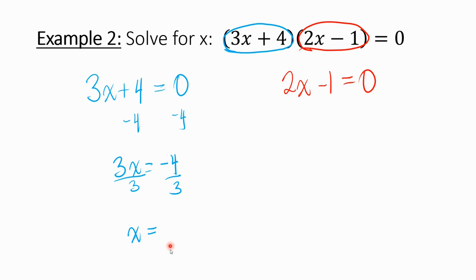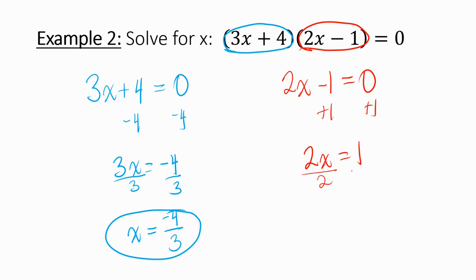All right, and our rule of thumb for this section is we're going to leave our answers as simplified fractions. So don't change this into a decimal. Your answer is -4/3. It's less work for you. Just leave it -4/3. And this one we get a fraction as well, x equals 1/2.